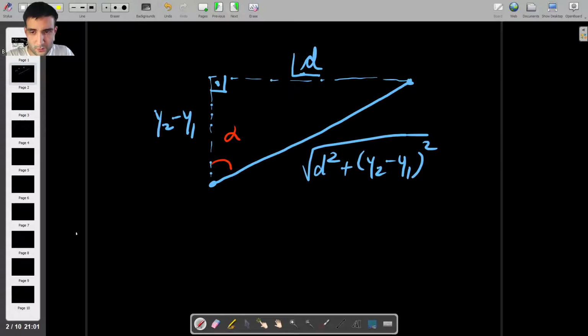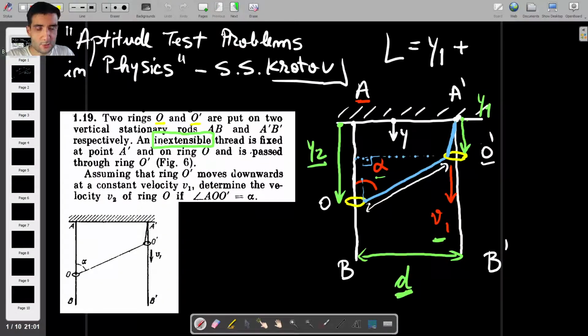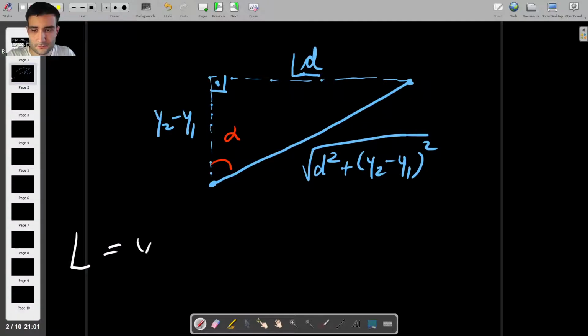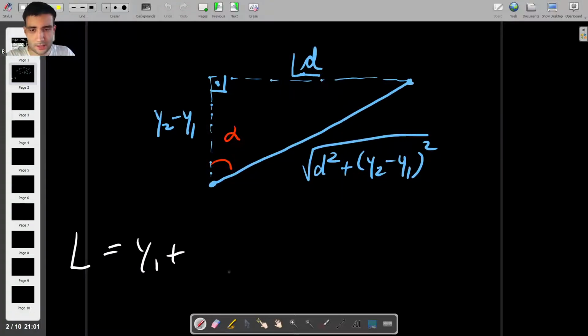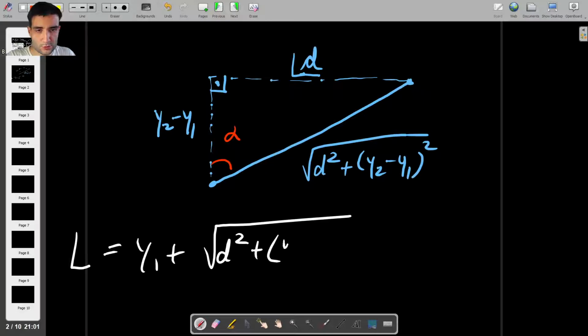So we can write the following thing. The total length of the thread is equal to y1 plus the length of the hypotenuse, which is the length of the thread from ring O prime all the way to ring O. And this gives us the total length of the thread.